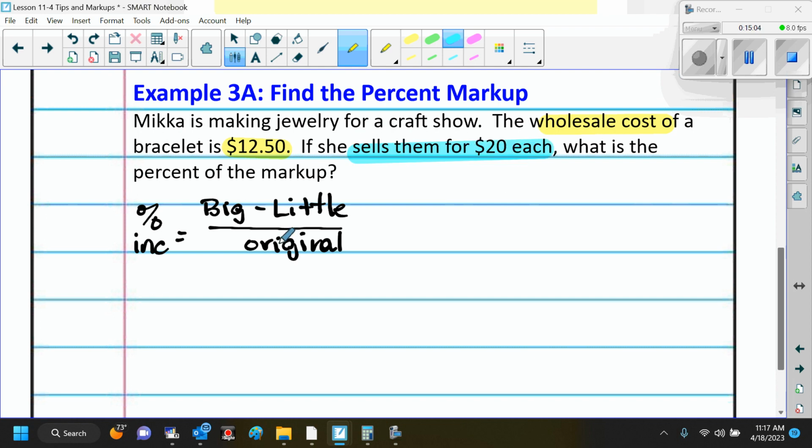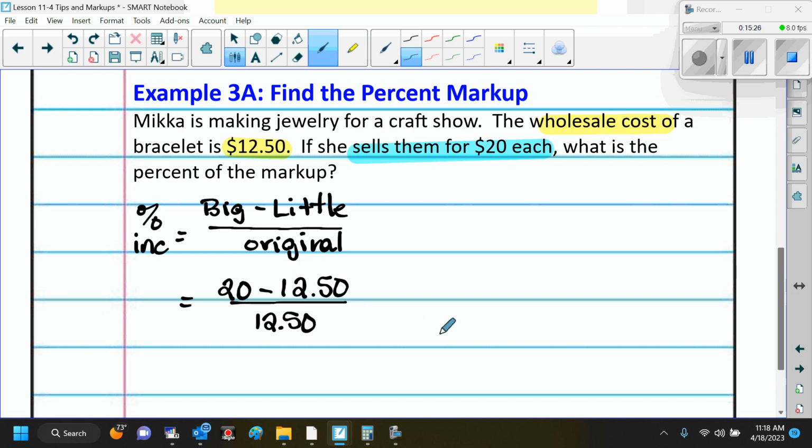Those are the numbers we're going to use for our formula. So we have the big, which is 20, minus the little, which is $12.50, divided by the original. What's the original? $12.50. Very good.